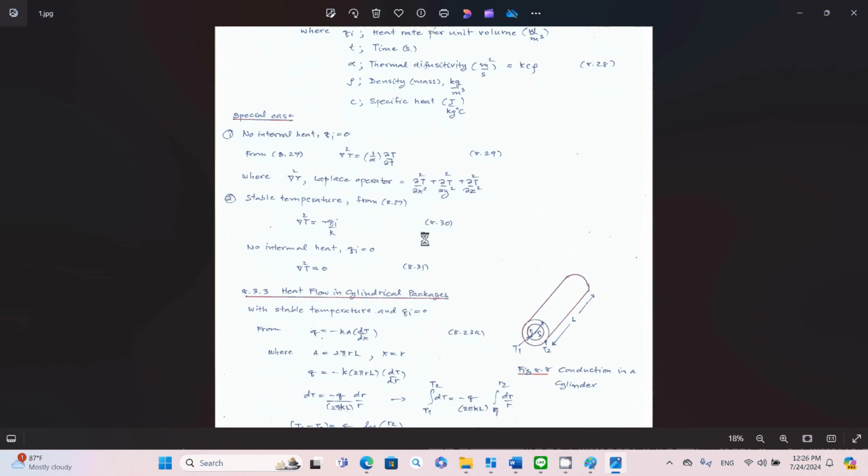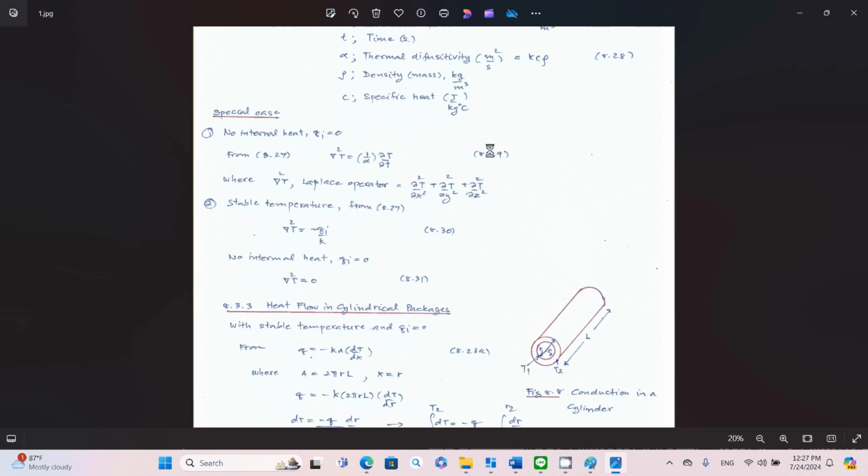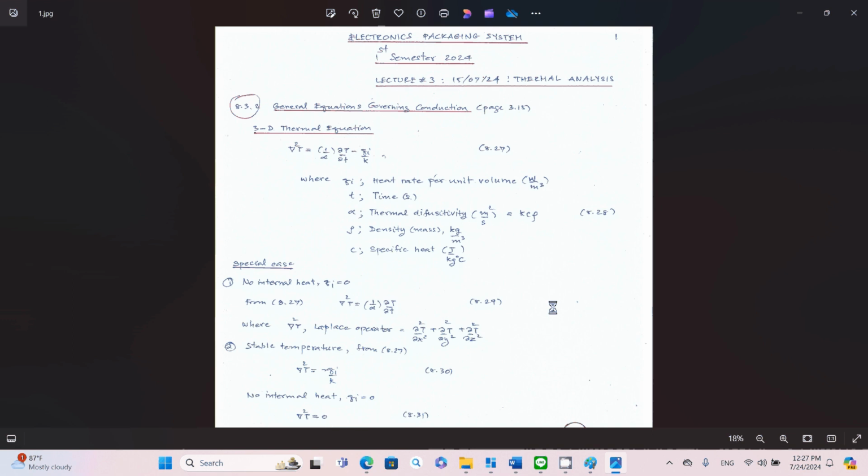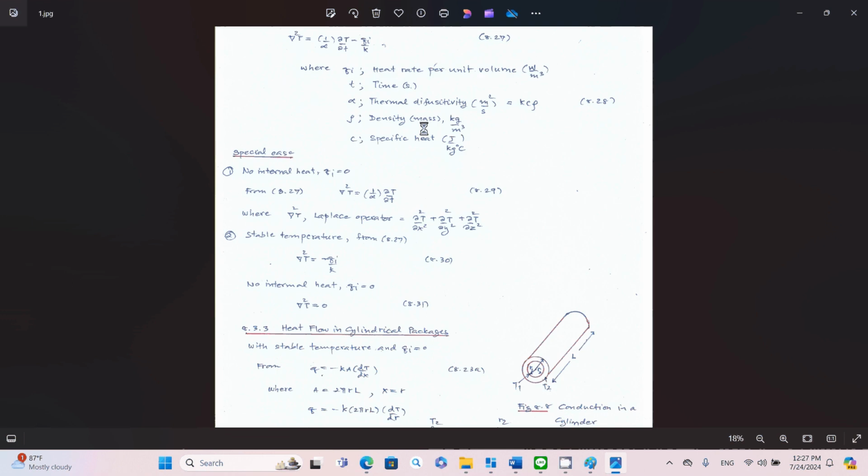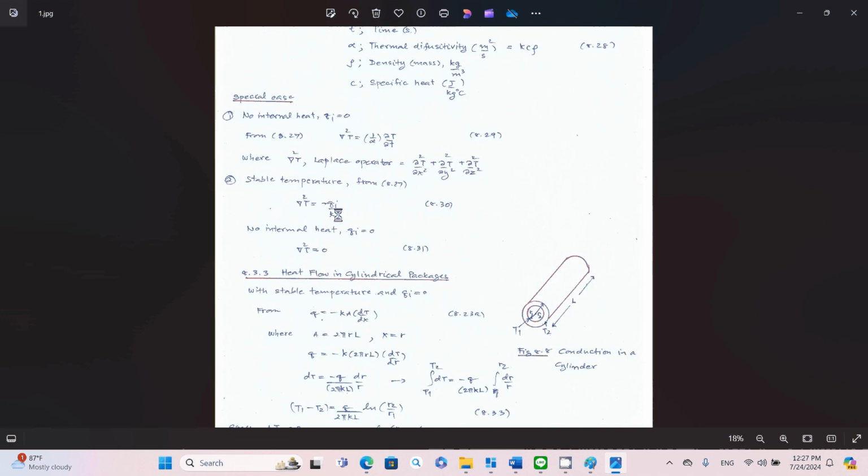For the second one, stable temperature, your temperature doesn't change with time. So from equation 8.27, this term drops, and you have only negative Qi over K. That's equation 8.30.